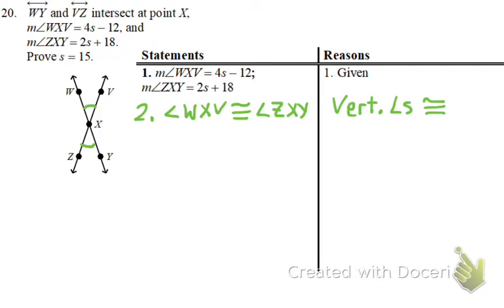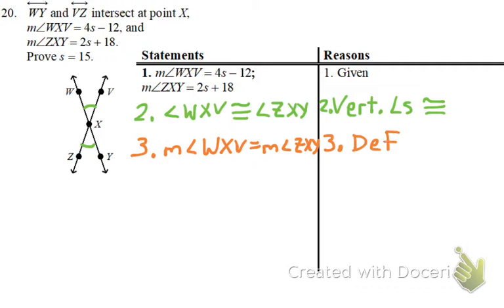Since they're congruent, their measures are equal, so we can say the measure of angle WXV is equal to the measure of angle ZXY. And that is just a definition of congruent angles.